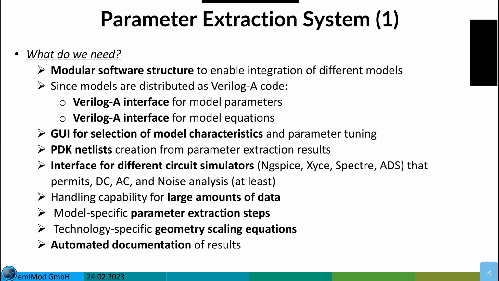So we need Verilog-A interfaces, both for model parameters, equations, and circuit simulators. One topic that is also important, I think all the modeling engineers will agree, is that we need a graphical user interface, because during modeling, we select ranges of characteristics and then tune or optimize parameters.